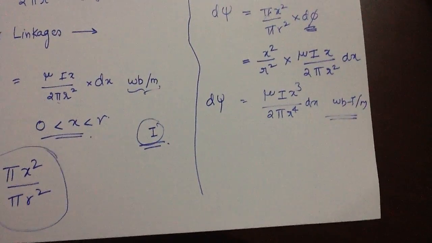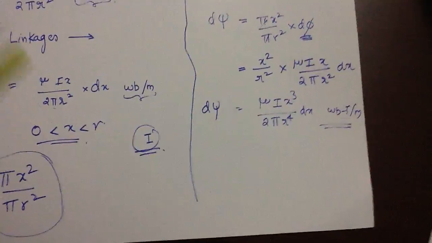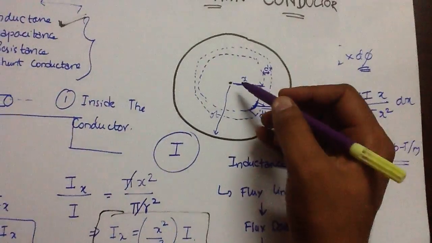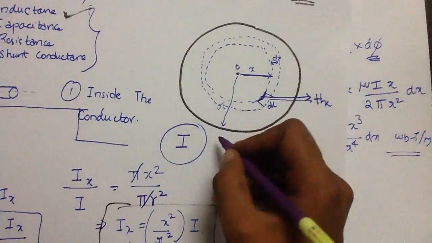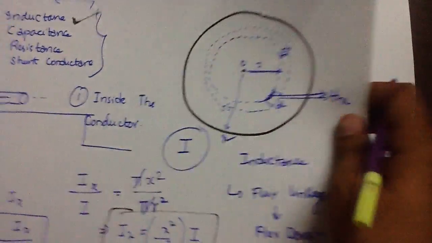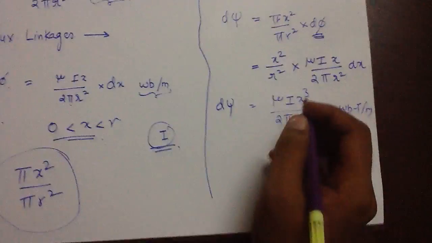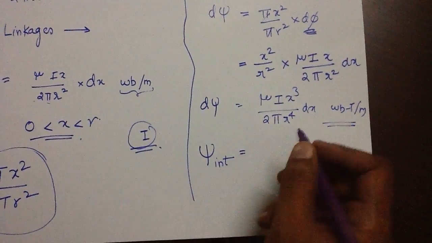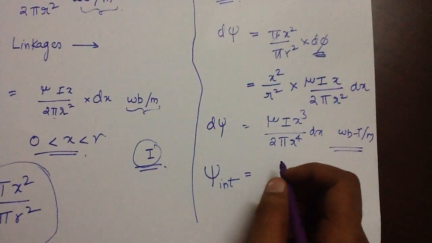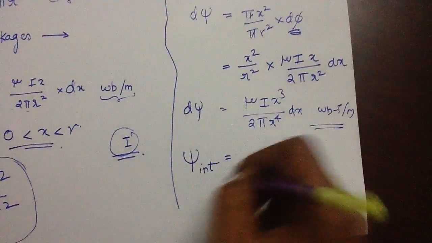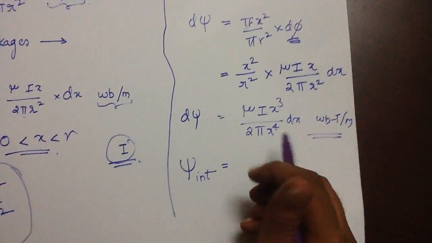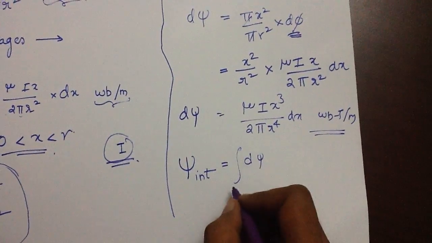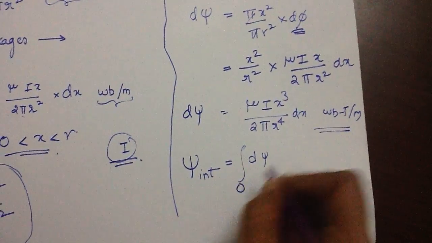But is this enough? We are supposed to calculate it for the whole conductor. Now you can tell it easily. What is the radius? It starts from 0, ends at r. So just integrate it your way. So now the internal flux linkage, which is the total of all the flux linkages, is the integral of d psi from 0 to r.